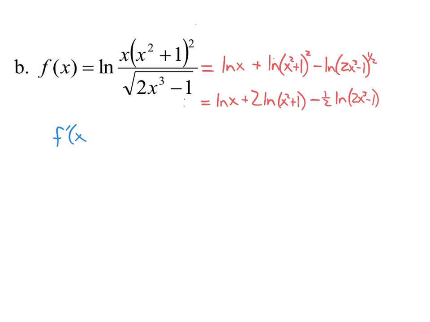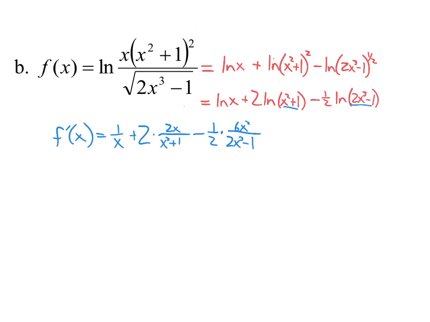now when I take the derivative, ln of x is 1 over x plus 2 times the derivative of ln of x squared plus 1, which is going to be 2x over x squared plus 1. Minus 1/2, the derivative of ln of 2x cubed minus 1 is the derivative of the inside, so that's a 6x squared over the 2x cubed minus 1.